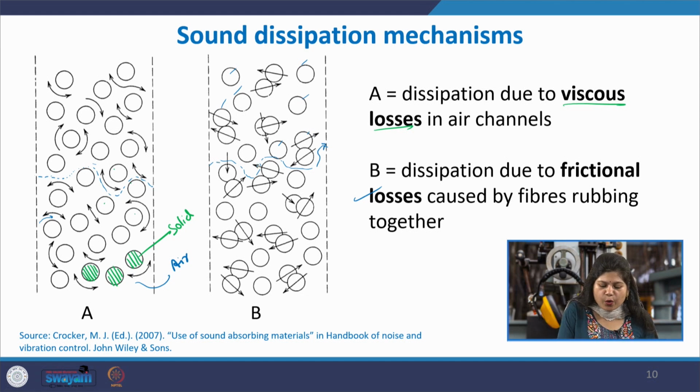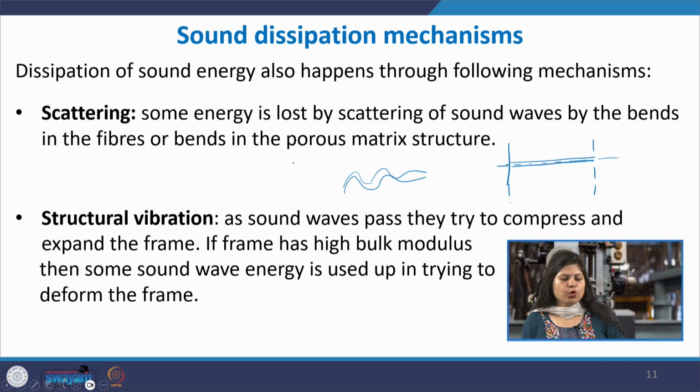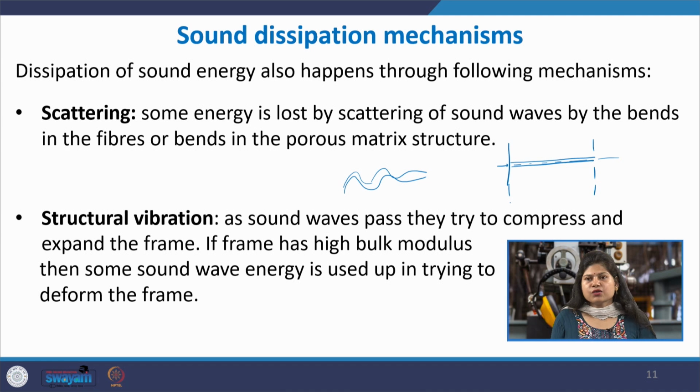Whenever the waves hit some material, some scattering happens, and again they go and hit some material, again some scattering happens. So, the waves while passing through, whenever they encounter any kind of bends or any kind of sudden obstruction in the form of the fibers or the solid frame, undergo scattering, and there also some energy gets lost within the material.